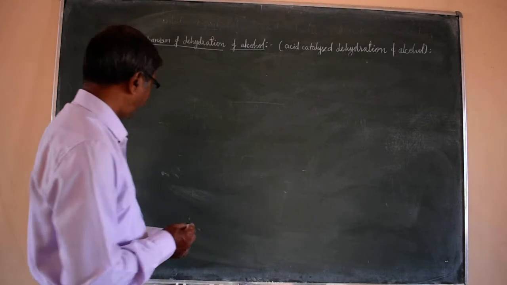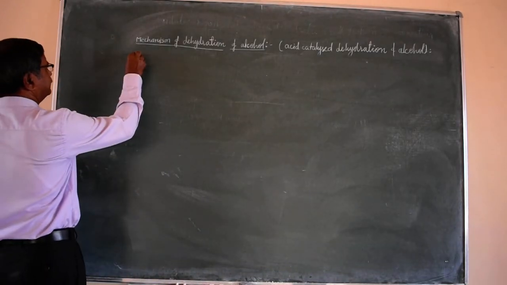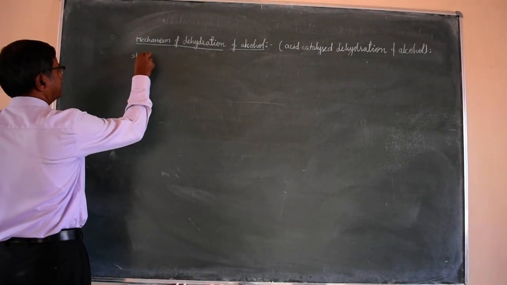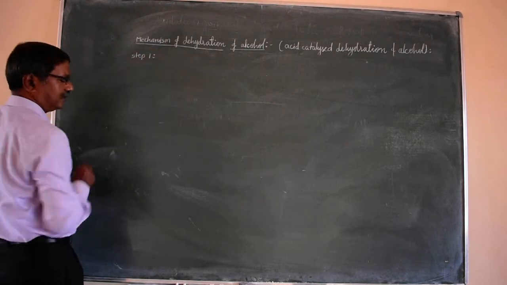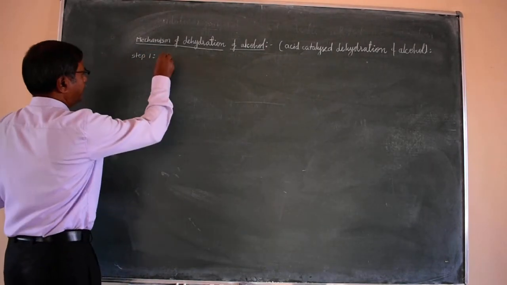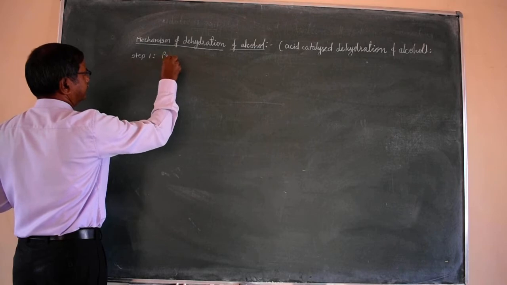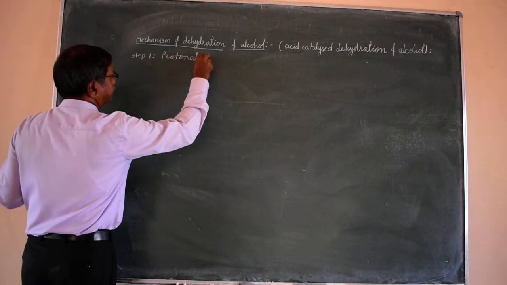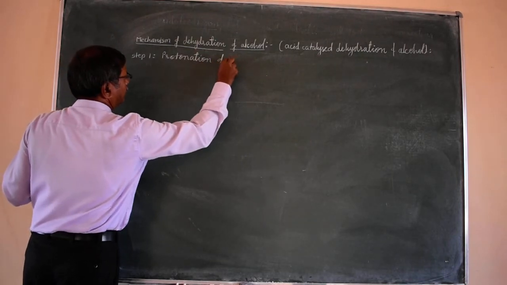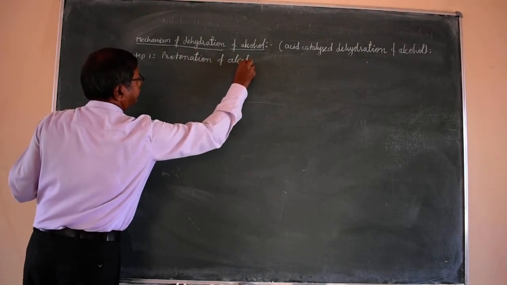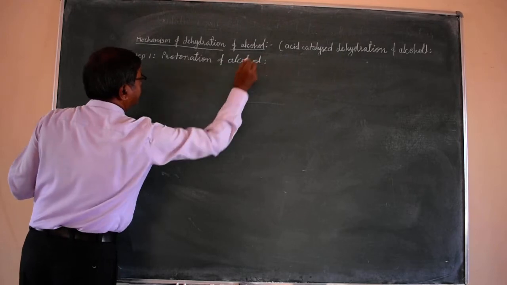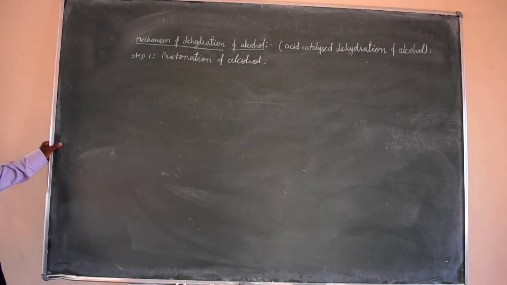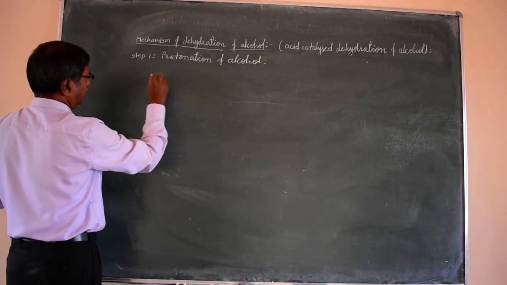Step 1 is protonation of alcohol. So I am writing the example directly. Alcohol as ethyl alcohol.